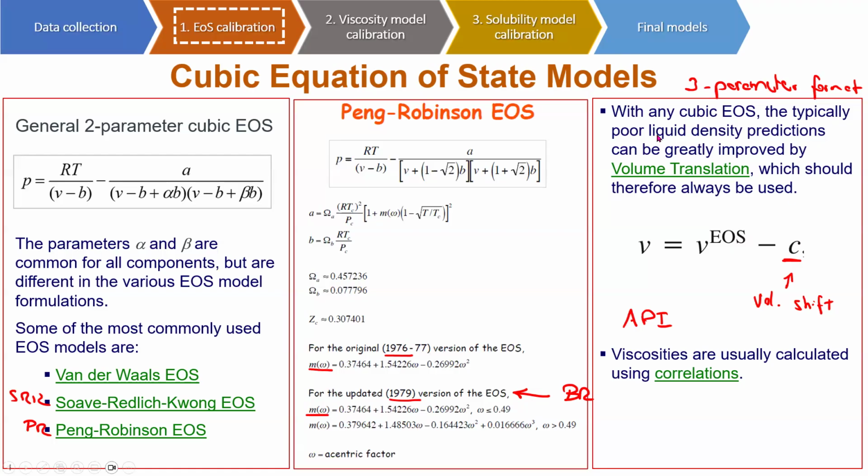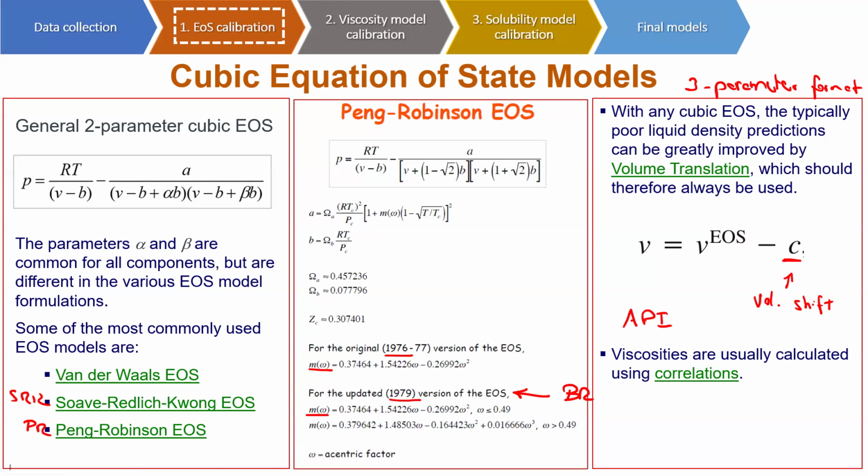My proposal is to conduct all the exercises using a Peng-Hobson equation of state in the third parameter format, okay? So you have the A, B, and the C. A and B are functions of the essential properties of the components, so critical properties, basically.